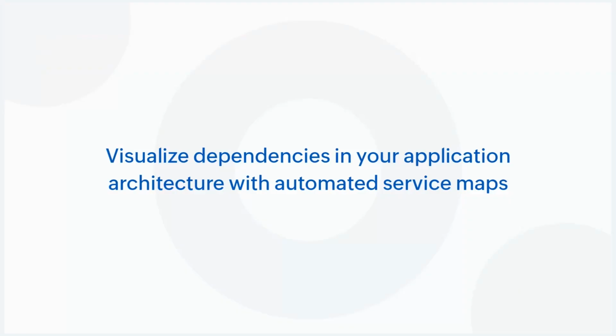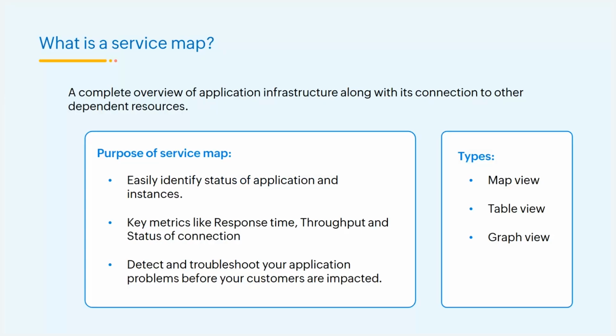And going to the last slide, which is going to be to visualize the dependencies in your application architecture with the help of an automated service map. So what is a service map? With the help of the service map, it will provide you with a complete overview of your application infrastructure along with the connection to the other dependent resources.